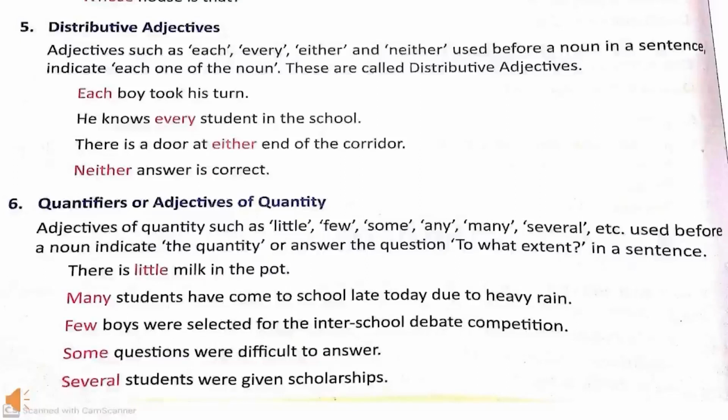Few boys were selected for the inter-school debate competition. Some questions were difficult to answer. Little, few, some are examples of adjectives of quantity. These are indicating the quantity of the given nouns.